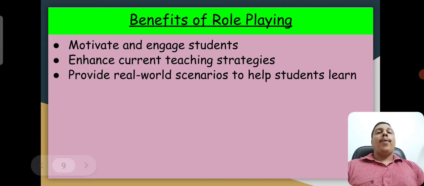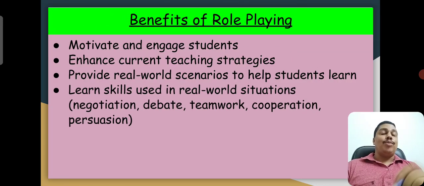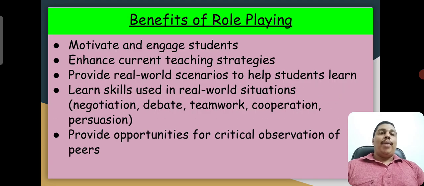Next, it provides real world scenarios to help the student to learn. Yes, that problem or the problematic situation enables them to learn that particular topic. Learn skills used in the real world situations: negotiation, debate, teamwork, cooperation, persuasion. These kind of skills are automatically developed in the students. So it is one of the benefits of role playing.